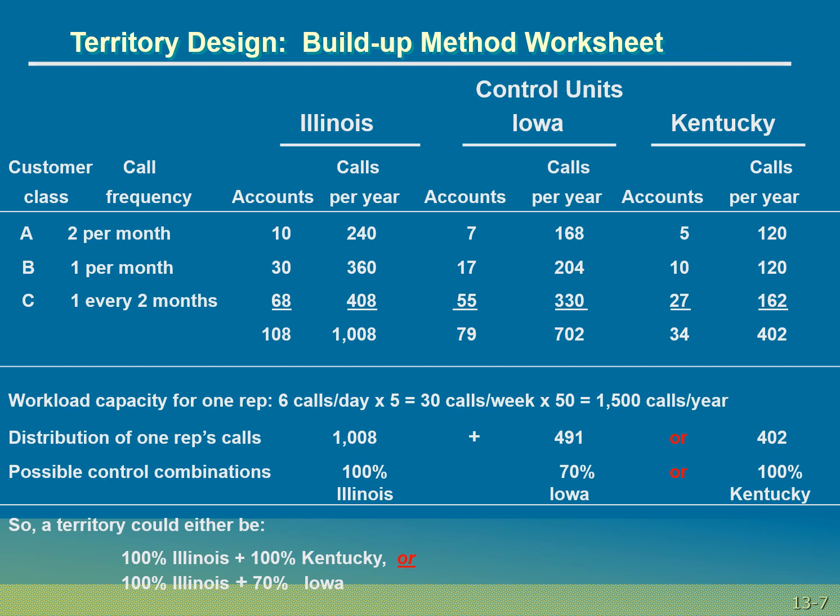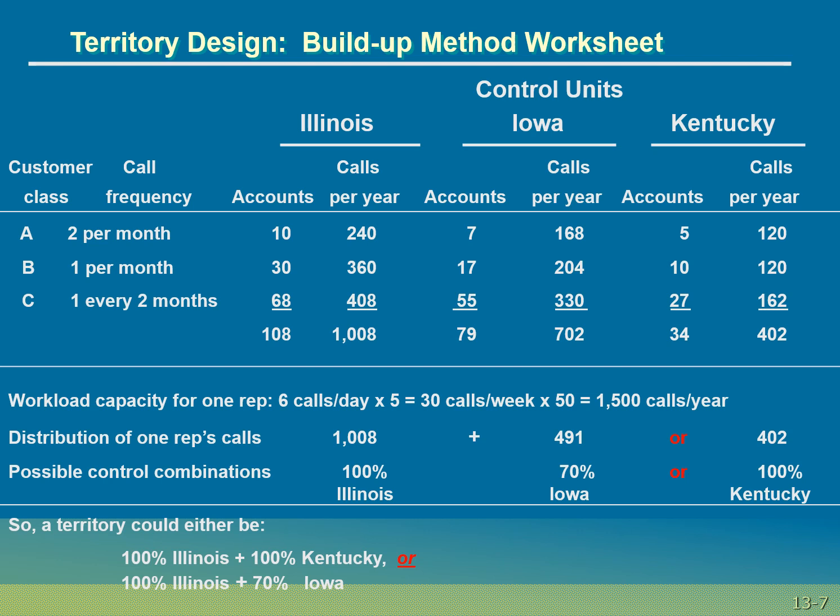The total of all the customers, all 3 classes in Iowa, 702. Okay, same way you do that for Kentucky, you get 402. Okay, that's 1,008 for Illinois, 700 for Iowa, and 400 for Kentucky.